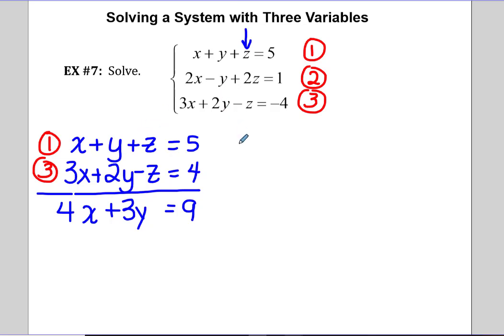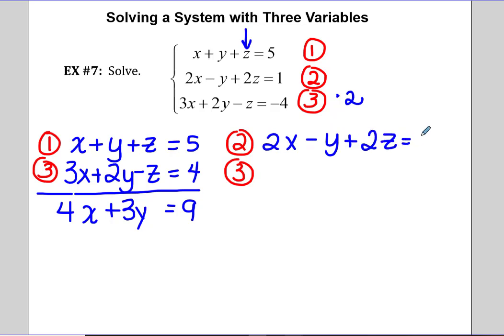Then next I want to take equation 2 and equation 3. We'll multiply equation 3 by 2 so we can get that additive inverse there. That gives us 2x minus y plus 2z equals 1.